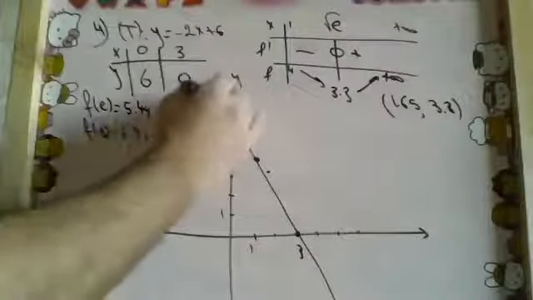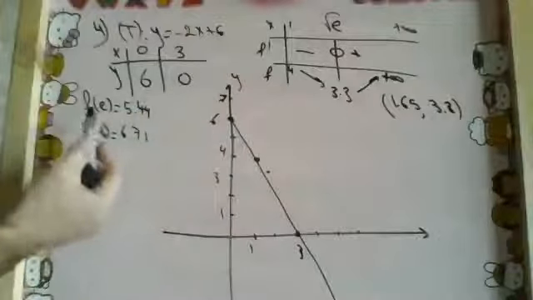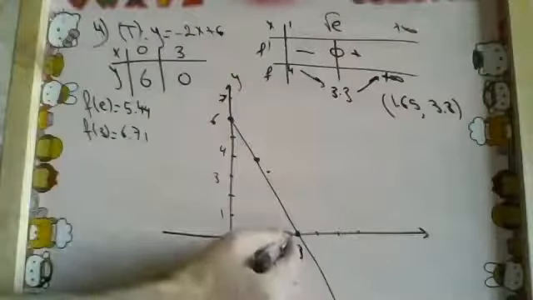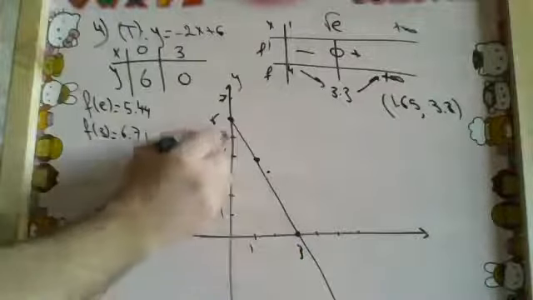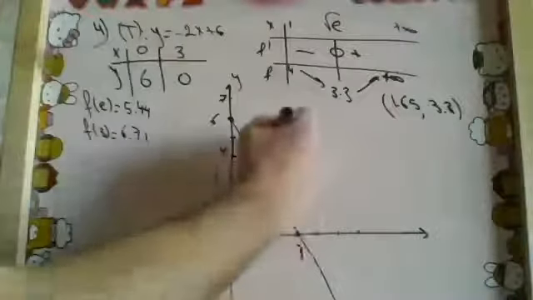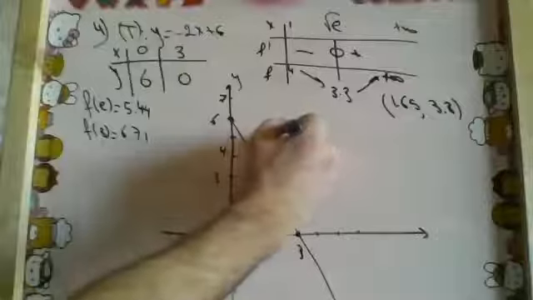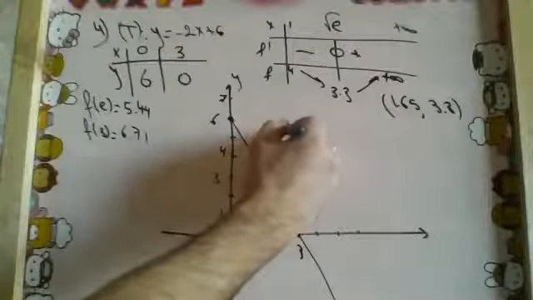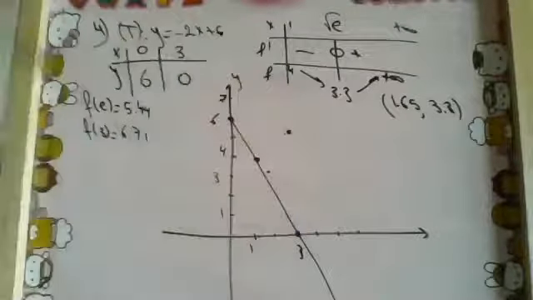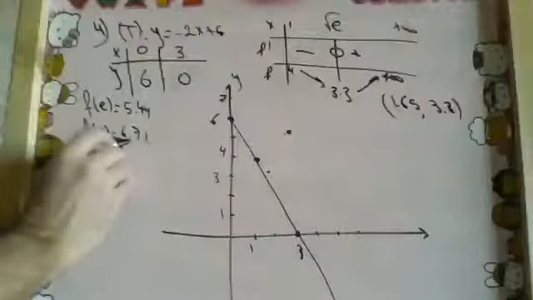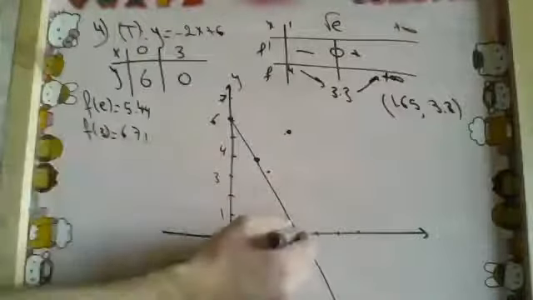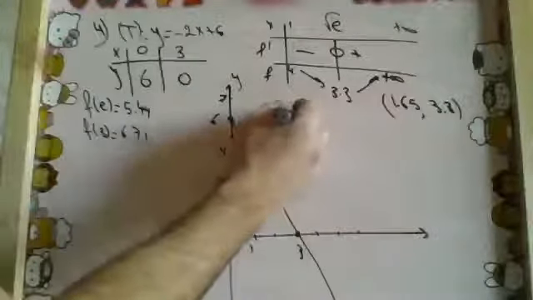This is 7, this is 6, and e is 2.7. With 2.7 you have 5.4, so approximately here is the point. It's a particular point on the curve. The second one, f of 3 is equal to 6.7. f of 3 is 6.7, so here.